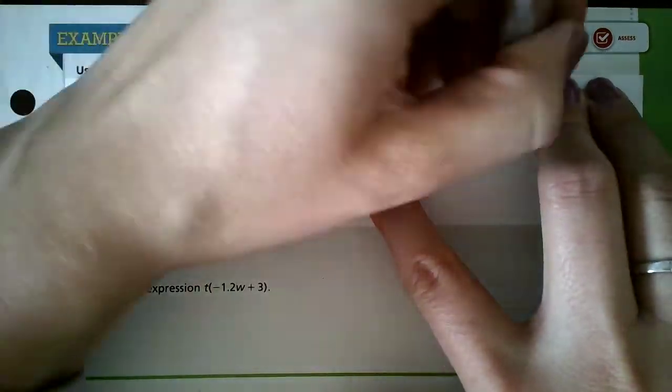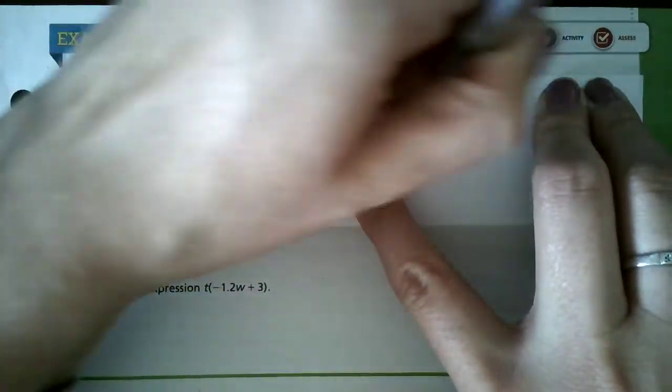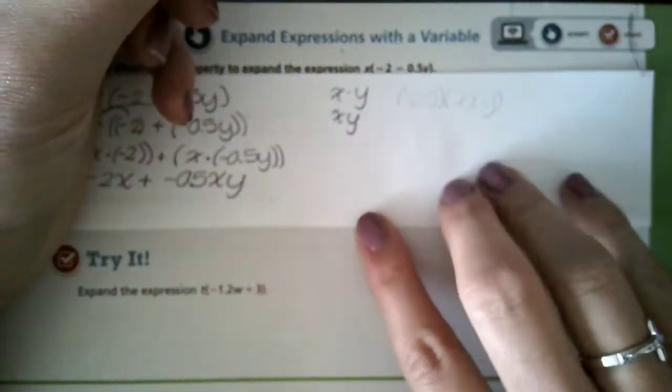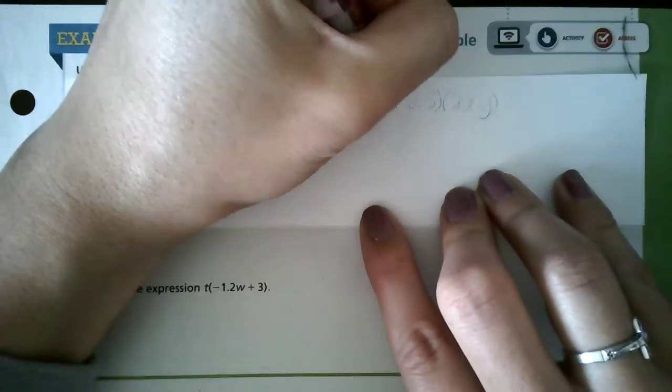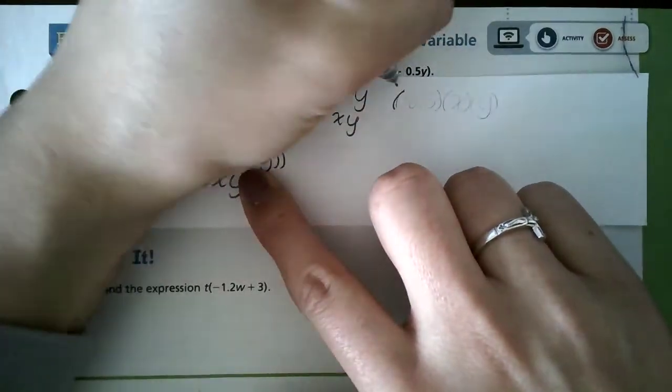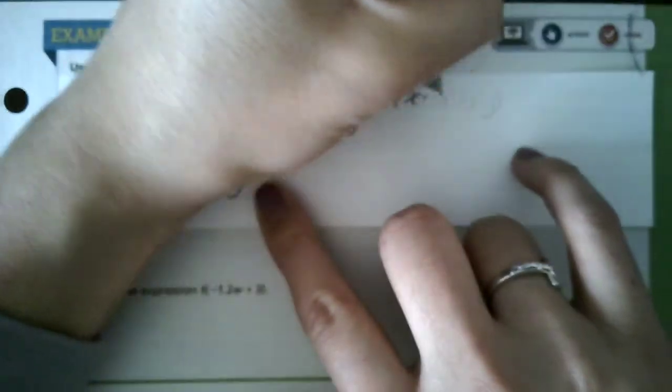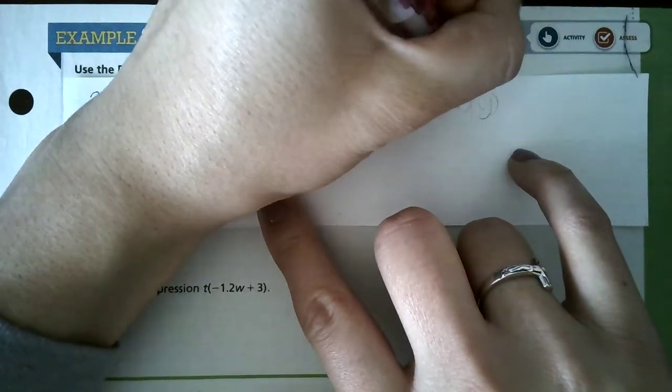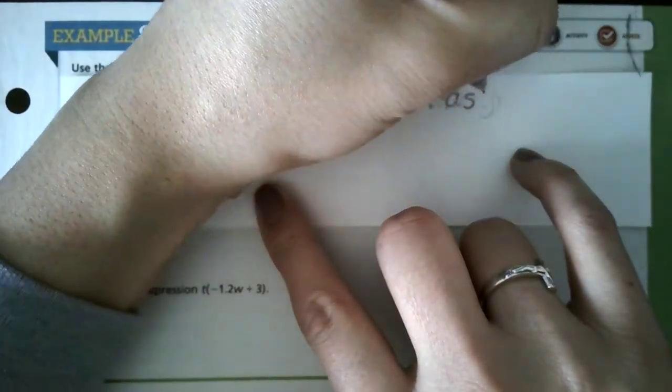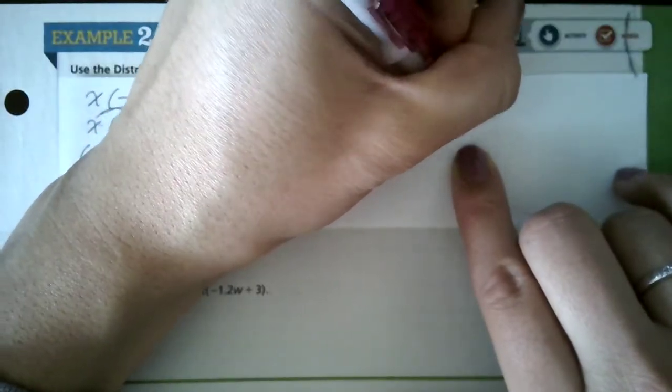Well, let me actually write it so it looks the same format as over here. So I have x times negative 0.5y. All these are being multiplied by each other, right?